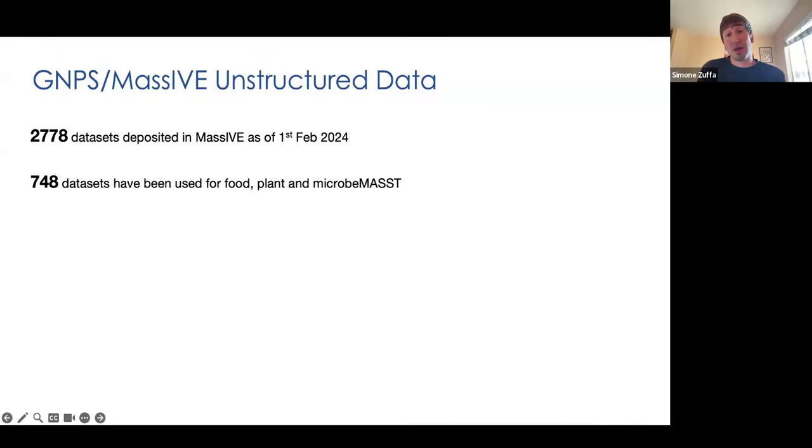For the moment, I have described only MicrobeMASST, but we have other domain MASSTs called FoodMASST, and we are developing a very similar tool to MicrobeMASST called PlantMASST, where we use as a reference database all the plants that have been deposited in our datasets. So people with different interests will be able to use these different tools.